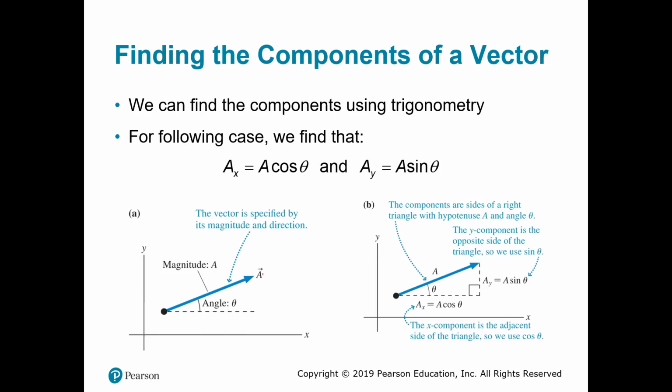So for example, let's assume you have a vector and the angle is given. So a vector is given, that means the magnitude and the angle are given. In general, last time we talked about how, in order to describe a vector, you must describe the magnitude, right?